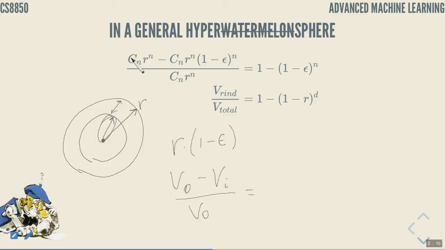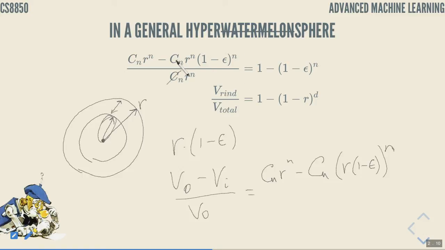So that's how this formula is derived. Cn r to the n minus Cn r (1 minus epsilon) to the n, right, for n-dimensional volume. But that's how we get this formula.